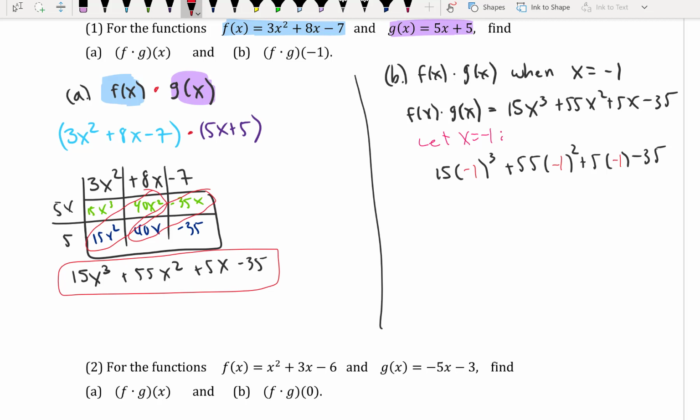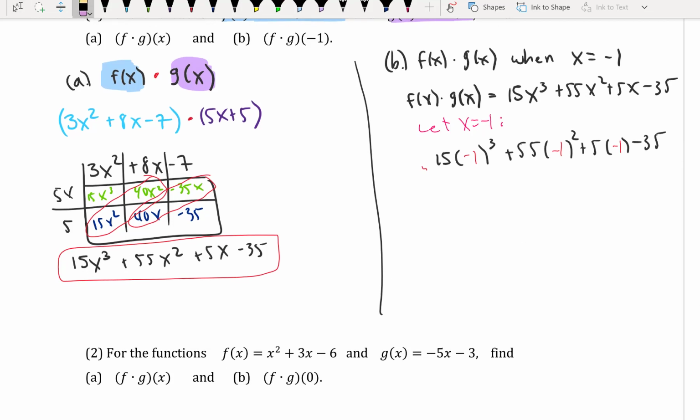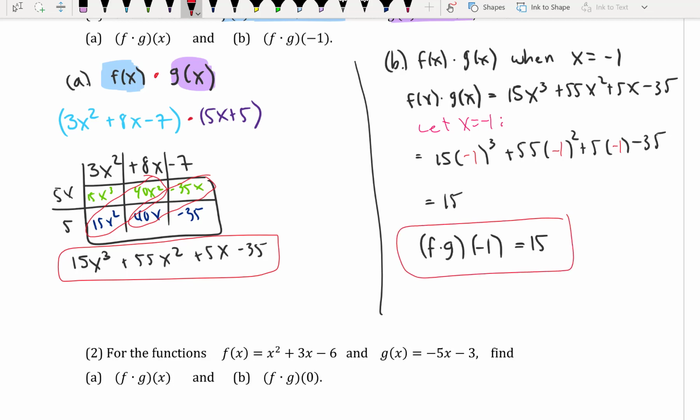So I'm just going to plug this into my calculator, and I end up getting that this is equal to 15. So now I can tell you that f times g of -1 is equal to a positive 15. It ends up becoming my final answer.